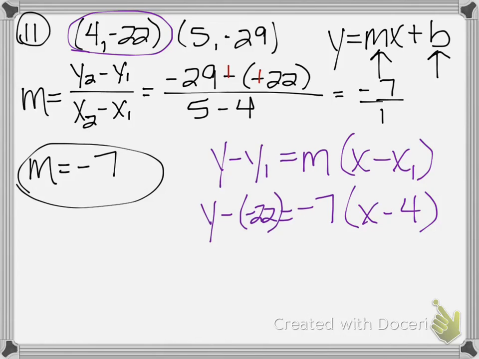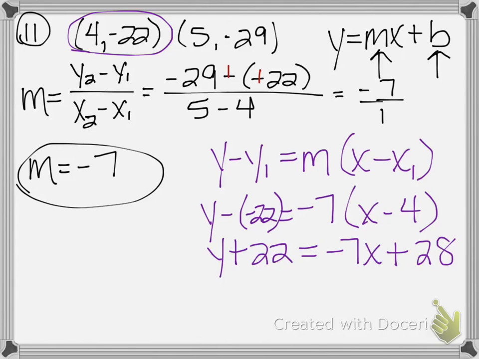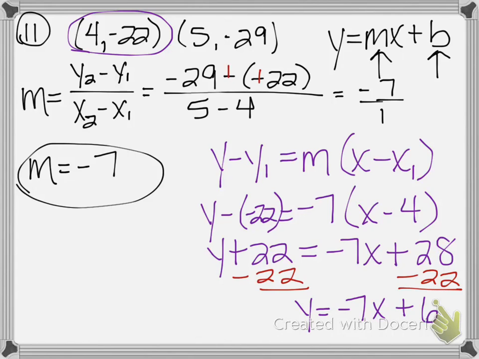Now all you have to do is simplify. This is y plus 22, because minus a negative. This would be negative 7x plus 28 after you distribute. And then all you have to do is move the 22, and then we'll have our answer. So let's see here, y equals negative 7x plus 6.